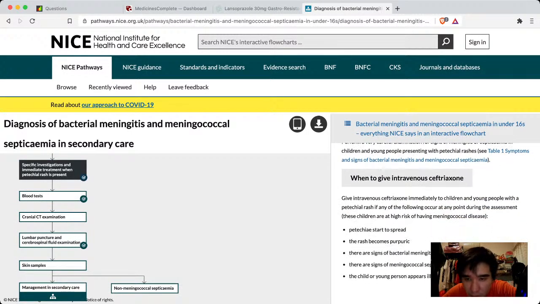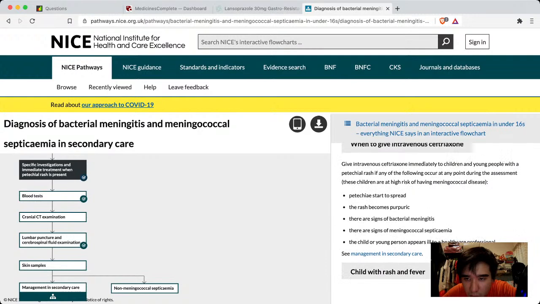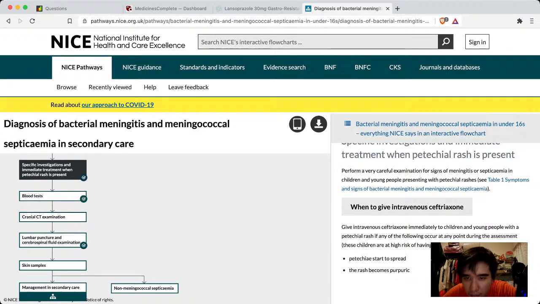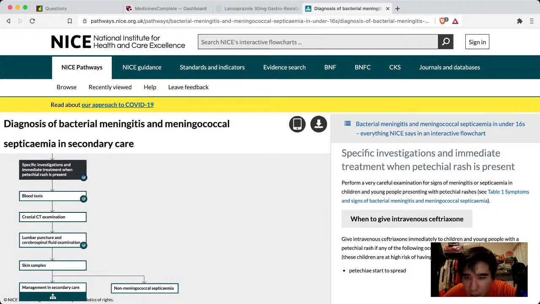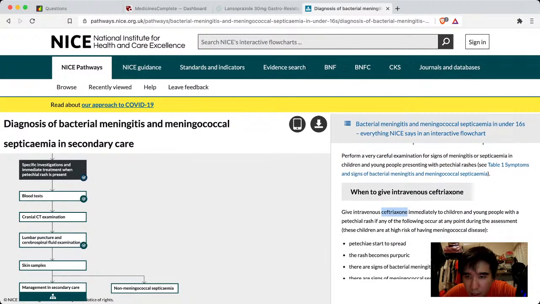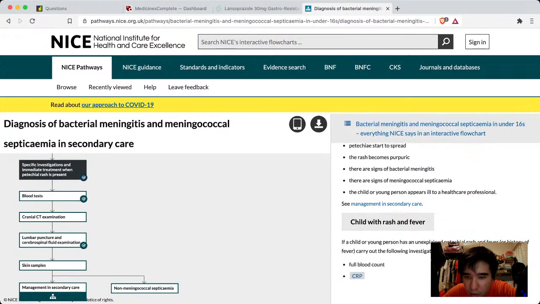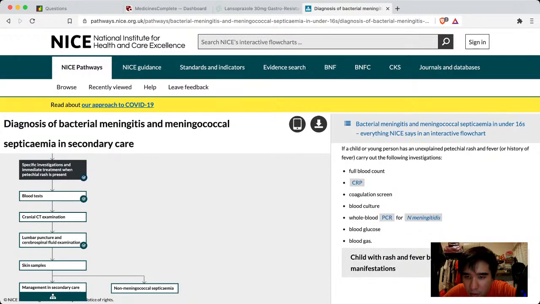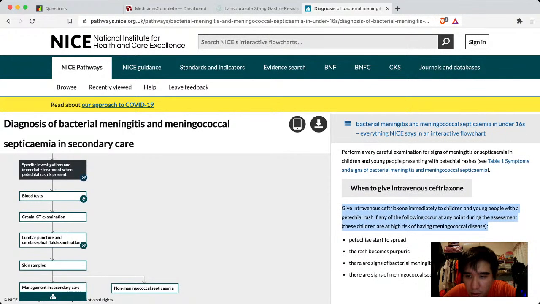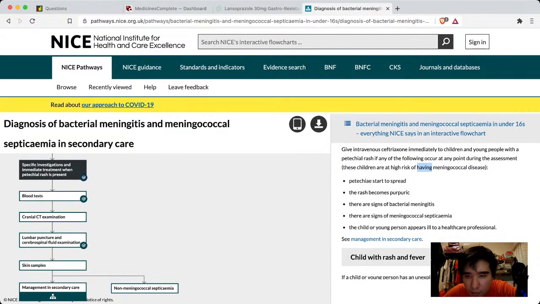Investigations, you're going to do the sepsis things, right? The blood culture and all that. Ceftriaxone. This is not for everyone. Ceftriaxone is for those over the age of something.